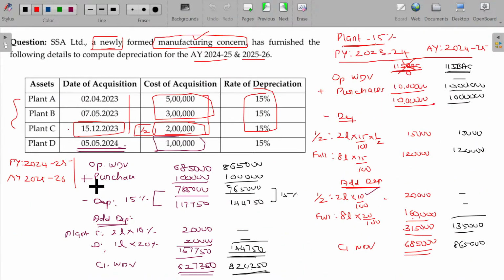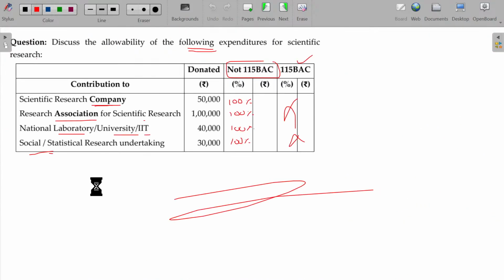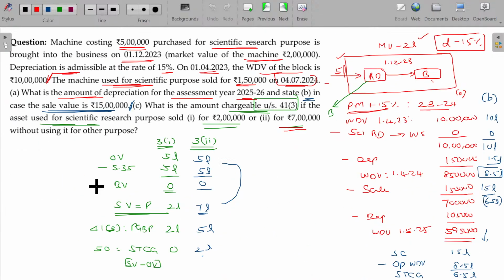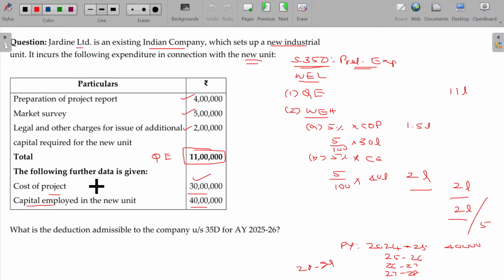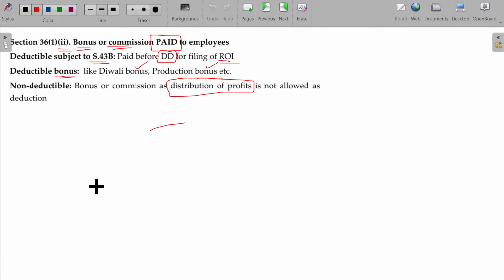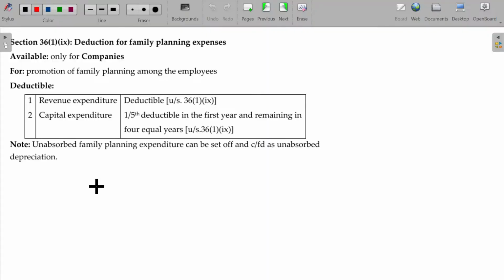So as per section 44AA, two classifications are there. One is professionals, another one is normal business. Okay. So there's a limit. If your transaction or profit exceeds that limit, you have to maintain the books of accounts.